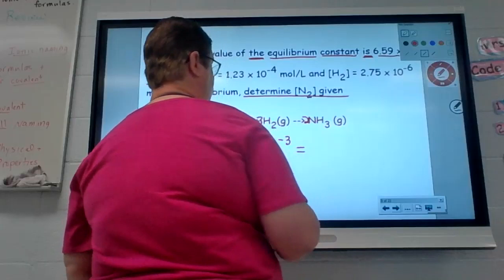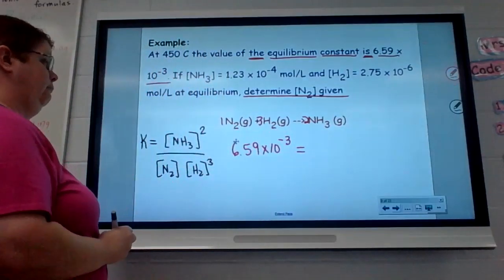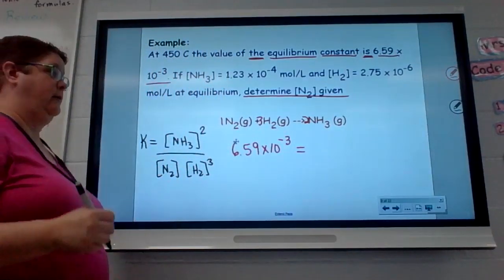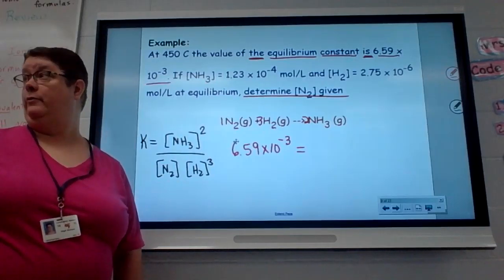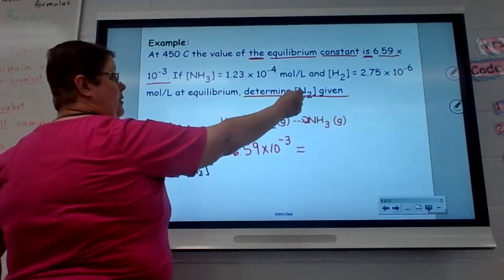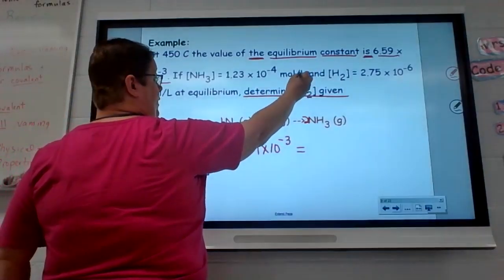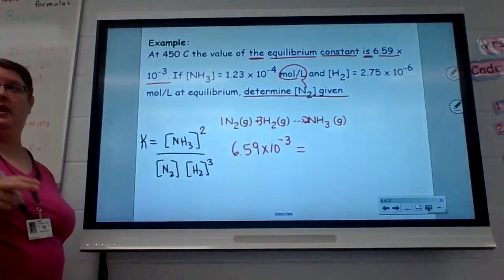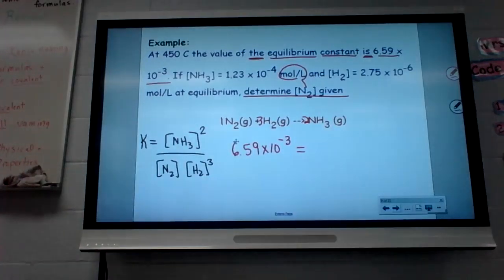We can say K is a unitless quantity, so we would not put a unit on K. We're solving for nitrogen, so nitrogen's unit will be moles over liters, like the other things that have those units.